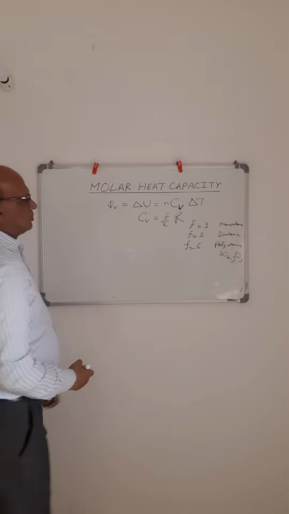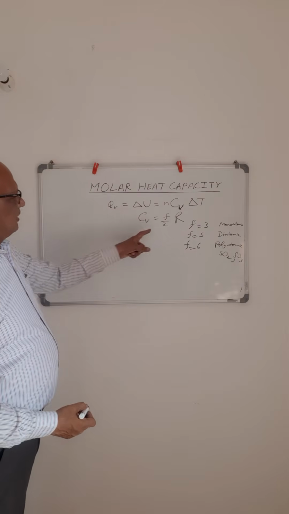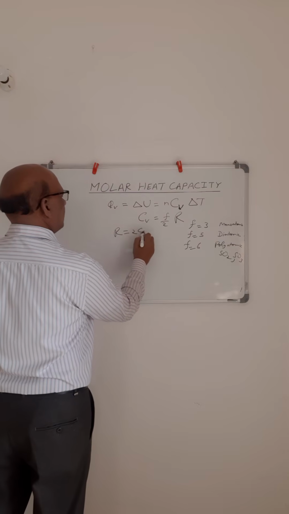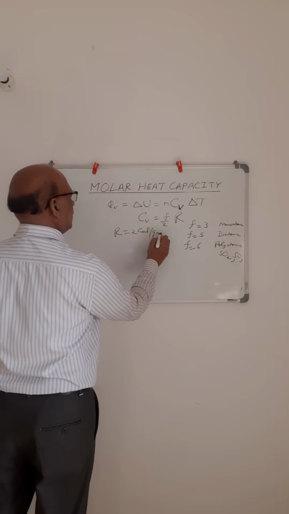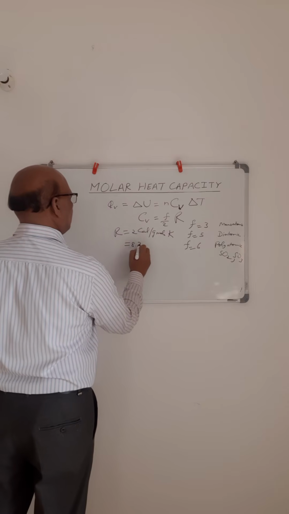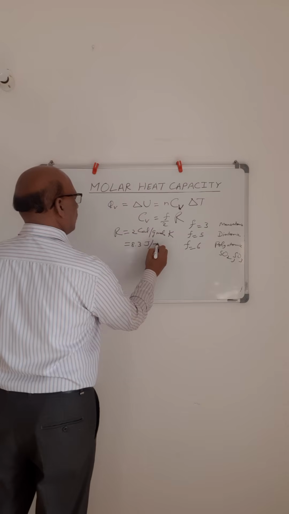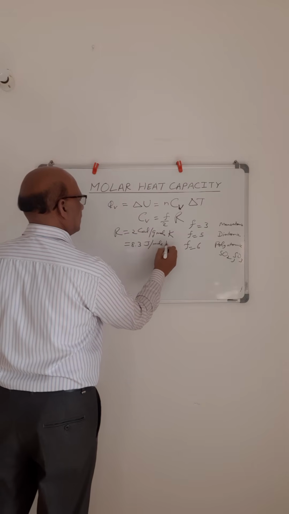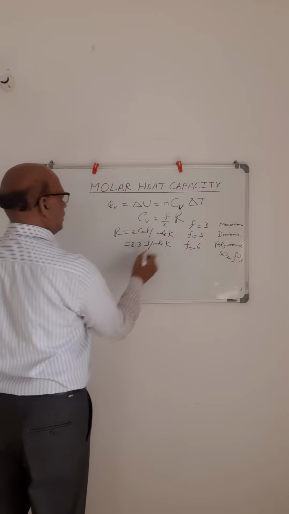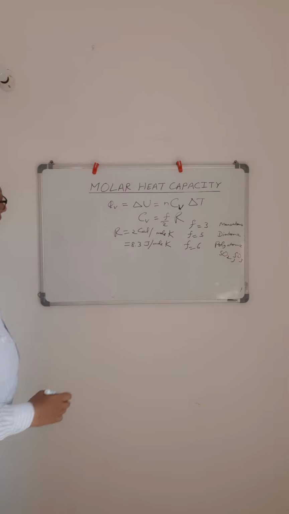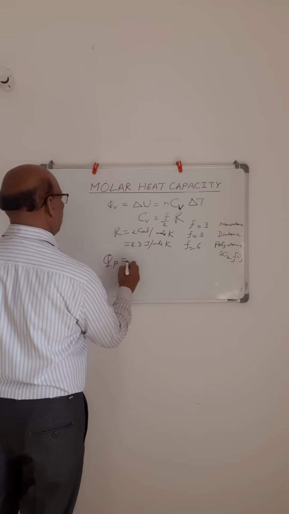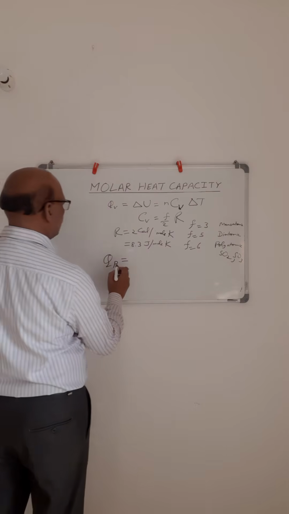So you can find the value of Cv, and R is nothing but 2 calorie per mole per Kelvin, or it can be written as 8.3 joule per mole per Kelvin. The other equation was heat exchange at constant pressure.